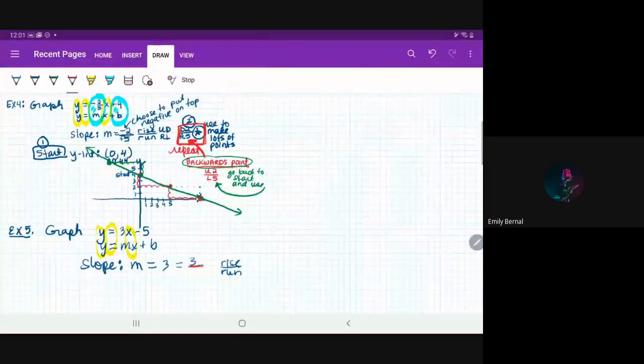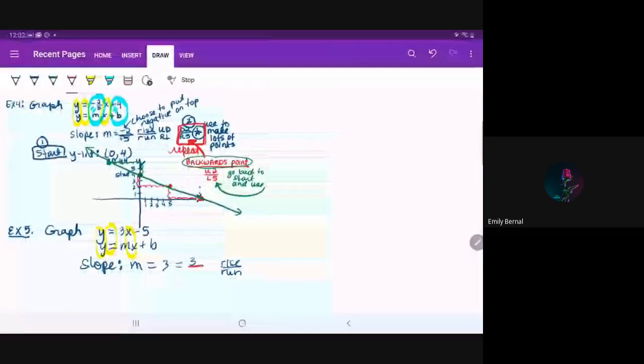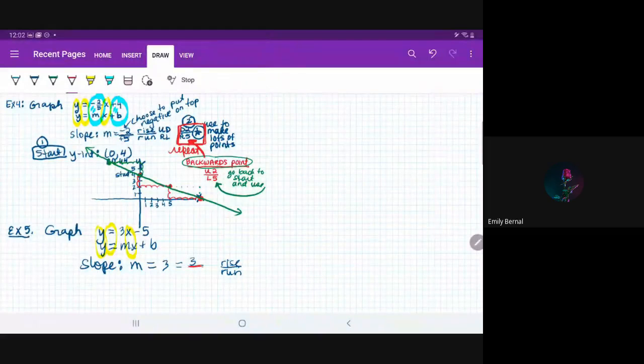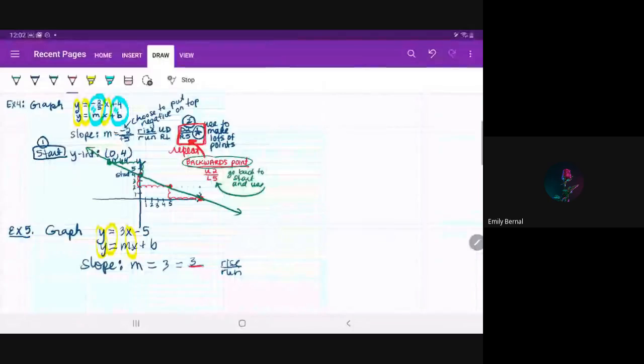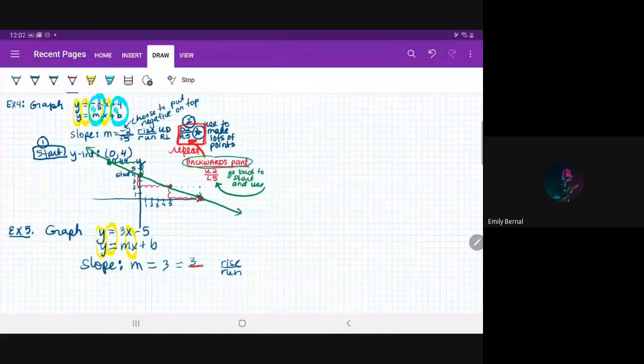Okay. What should be in the denominator? Does anyone know what should be in the denominator? What do you put in the denominator? Oh, that's a good idea, but that's actually the y-intercept.